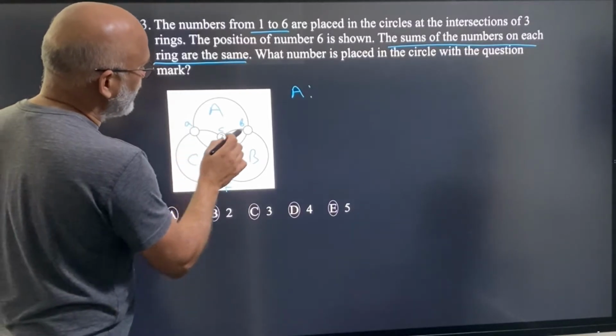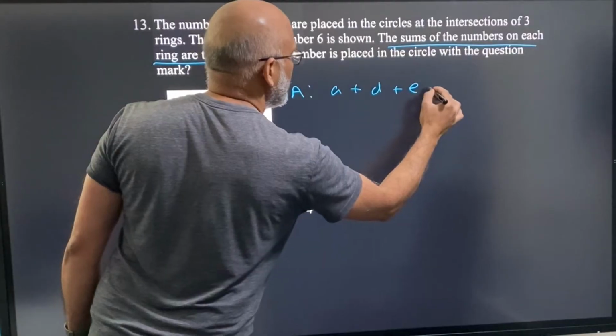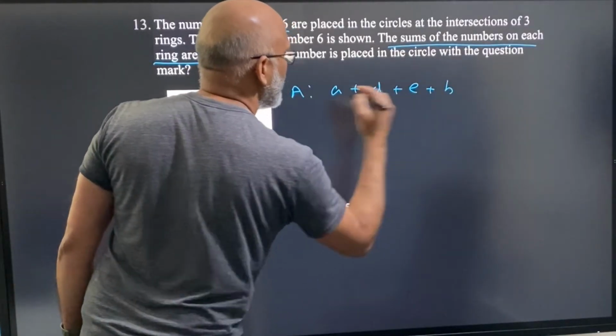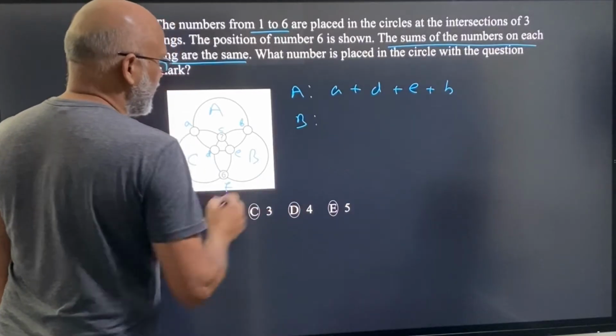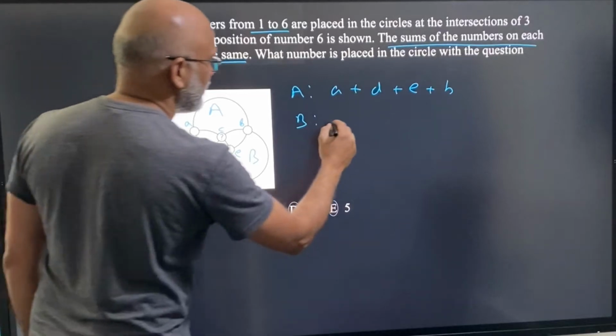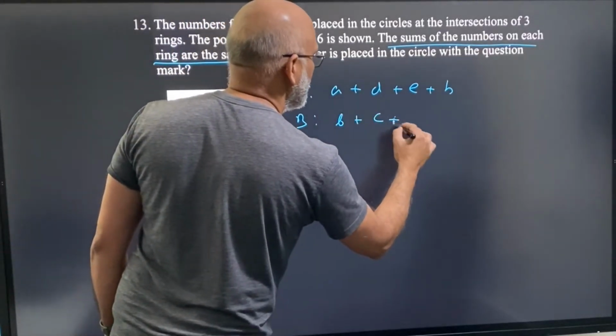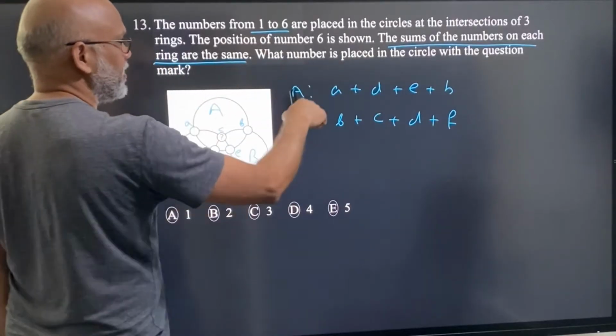A, D, E, B. Now let me take another circle, B. What numbers are on B? B, C, D, F. And I'm told that they add up to the same.